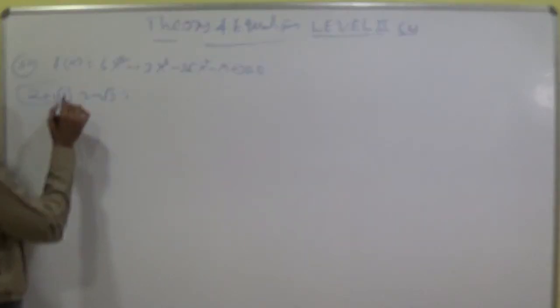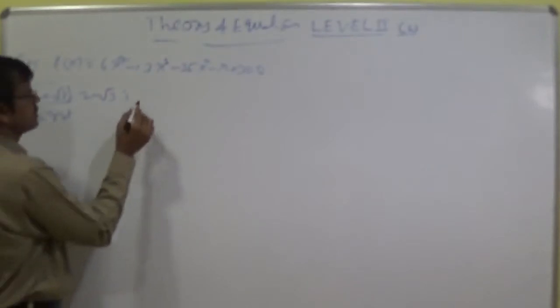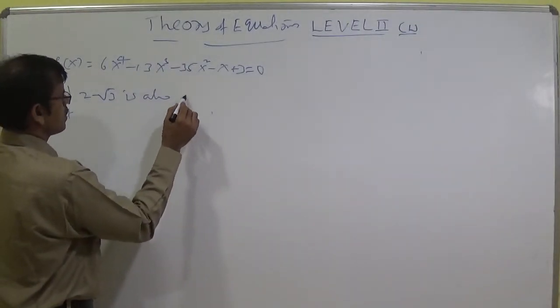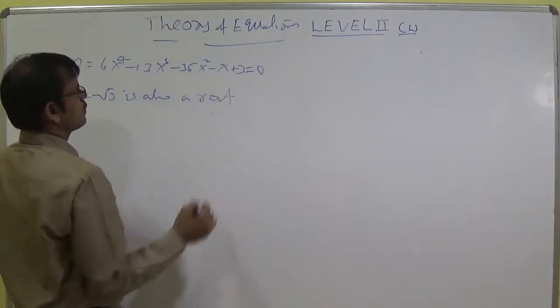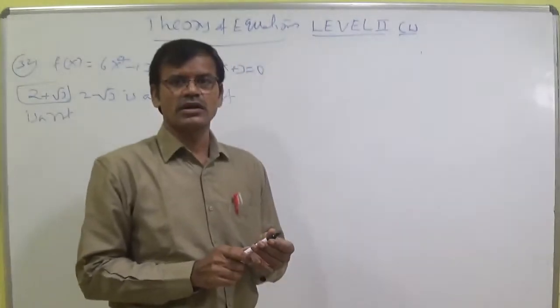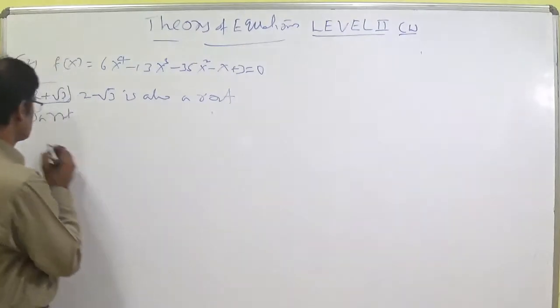2 plus root 3 is a root, given. Since 2 plus root 3 is a root, then 2 minus root 3 is also a root. Then we can create the quadratic equation with the roots 2 plus root 3 and 2 minus root 3.